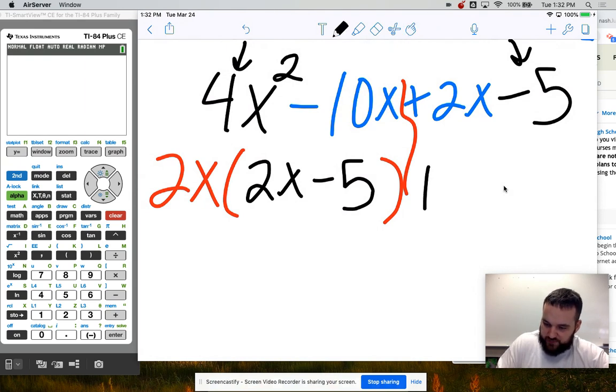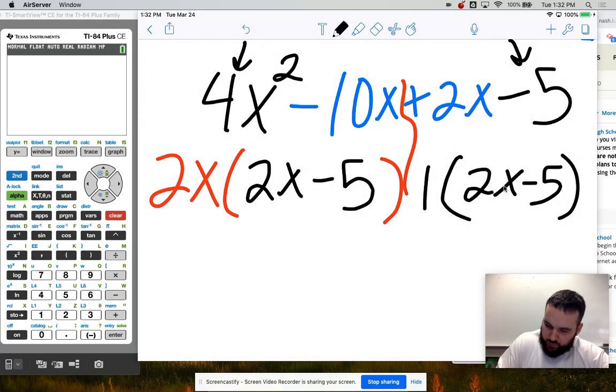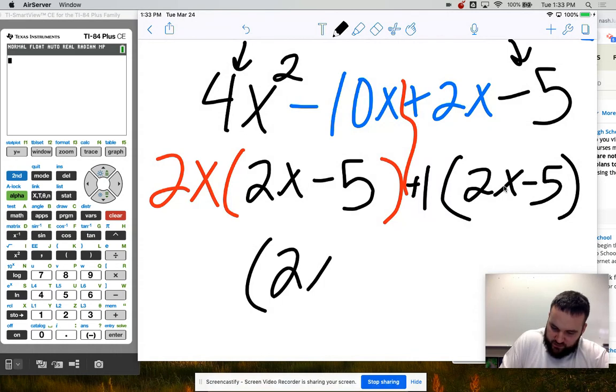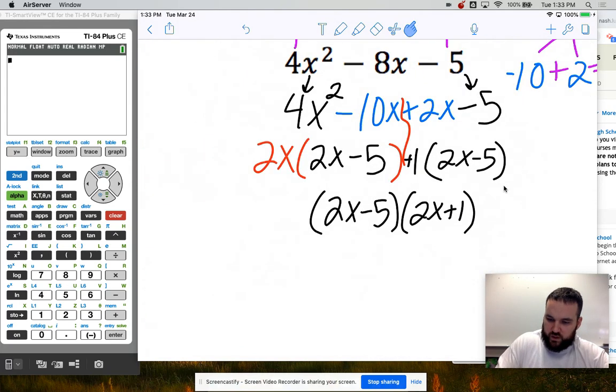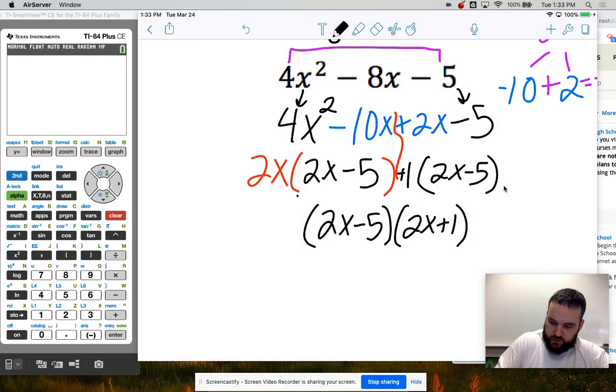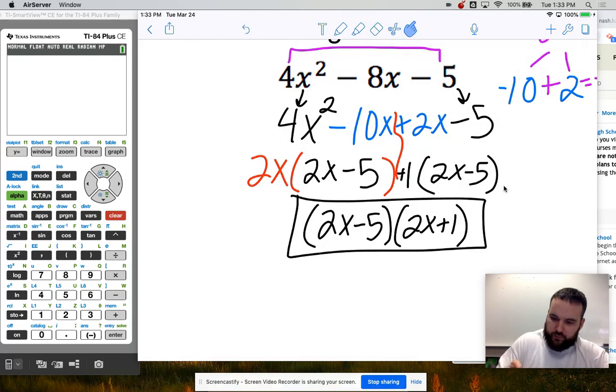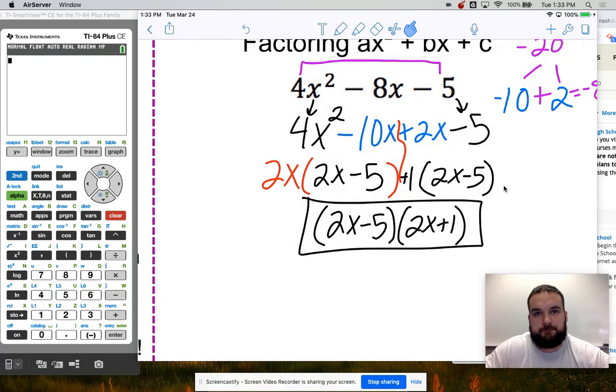So my GCF will be 1. And if you want to put a plus in front just to remind yourself. So then my factors are going to be 2x minus 5, and the other one is going to be 2x plus 1. Those GCFs come together. Okay. So here is our factored version of the trinomial.